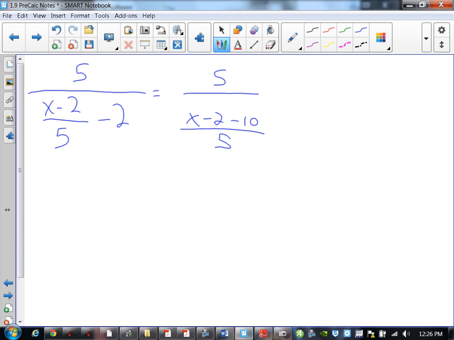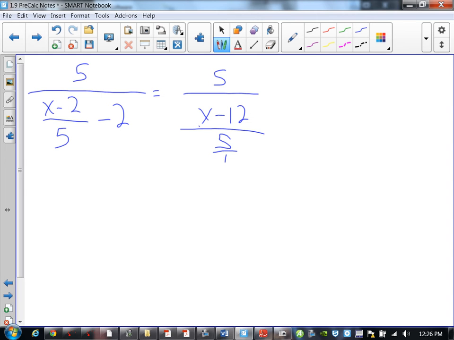Some of the regular Algebra 2 classes might not have spent a lot of time with these; they're called complex fractions, fractions over fractions. That's basically all this is. In order to simplify this out, you get x minus 12 here. What I'm going to do is write it as 5 over x minus 12 divided by 5 over 1.